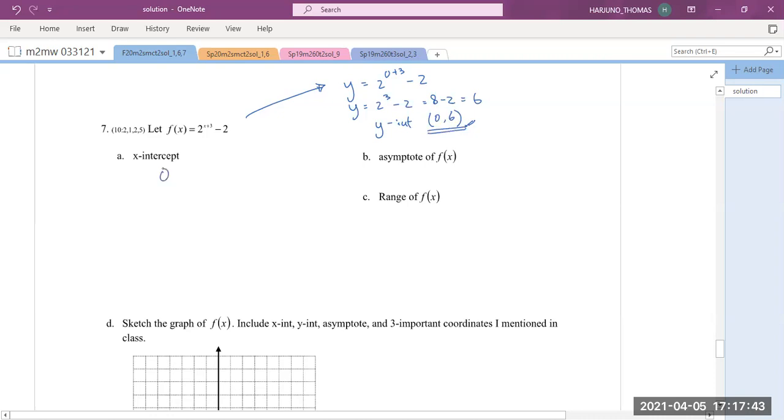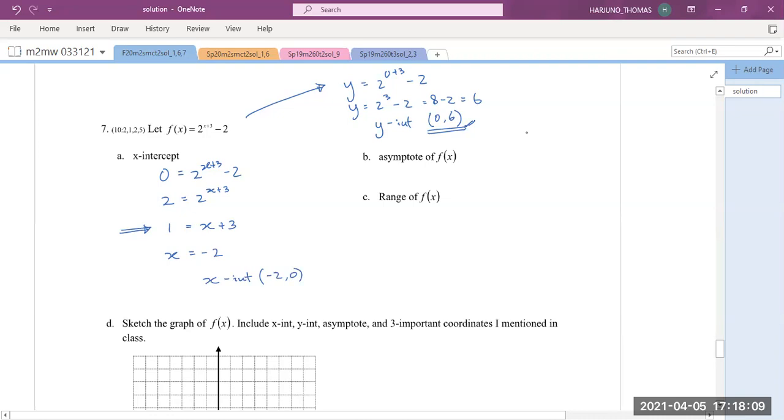Okay, for the x-intercept, we set f(x) equals 0 and then solve for x. It is a one-to-one function, right? So if the base is the same, then the exponent must be the same. So x is negative 2. So the x-intercept is (-2, 0).